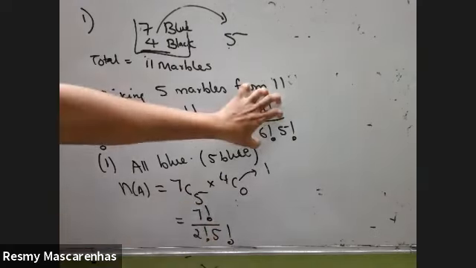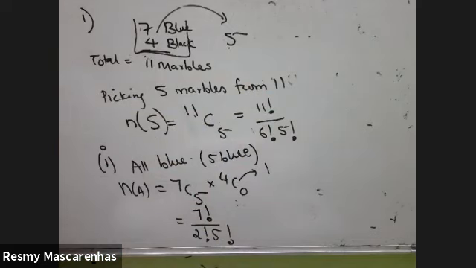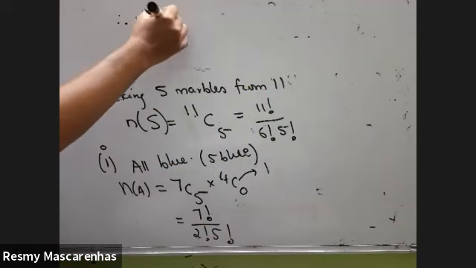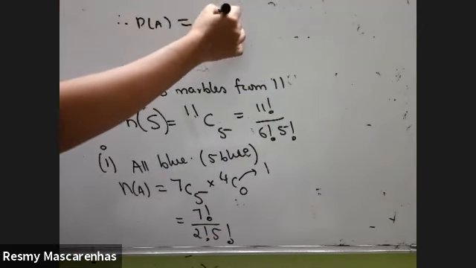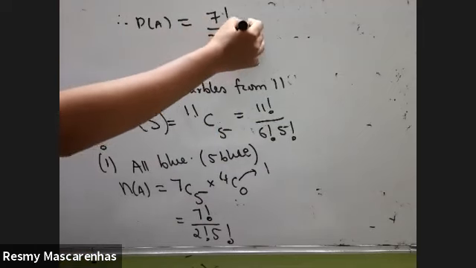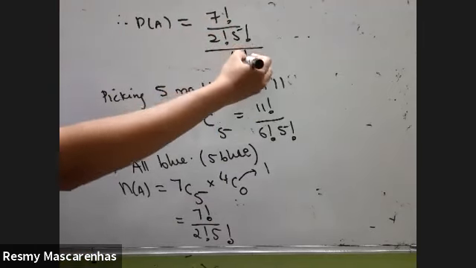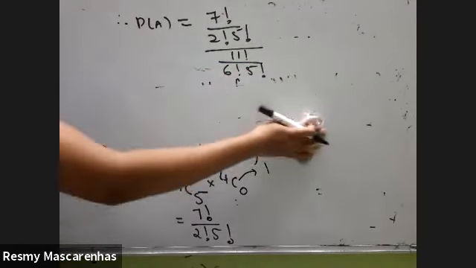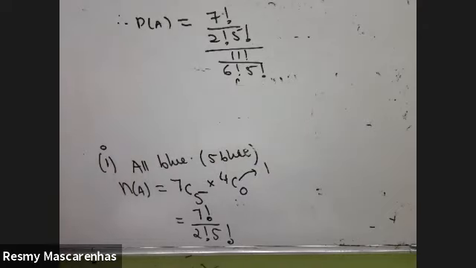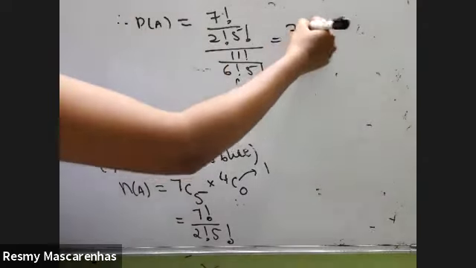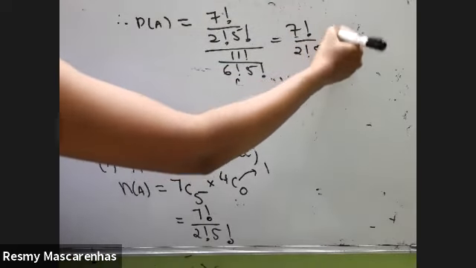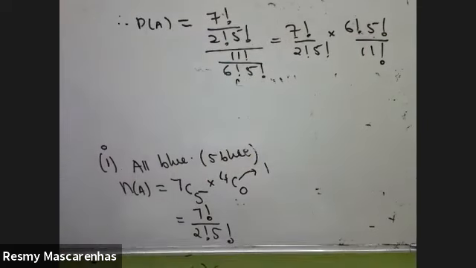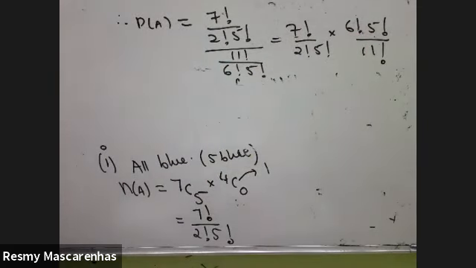This answer upon the sample space; this will always reverse. 5 and 5 will cancel.